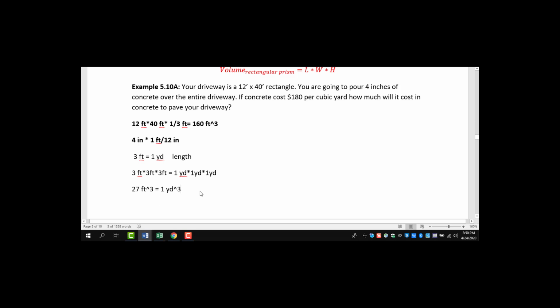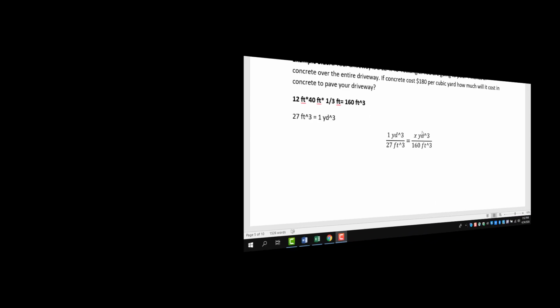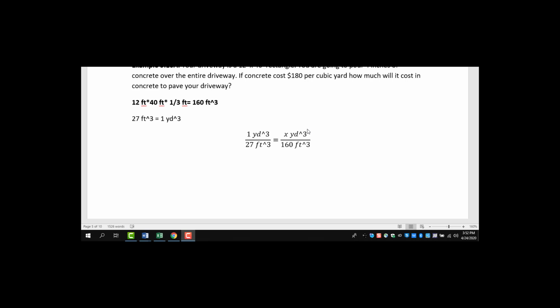So now I can do this several ways, right? Maybe the easiest way is just to set up a proportion, because these are equal. So think about how you would set up a proportion, hit pause, and I'll put down the proportion. So there's what I have. There's my proportion. There's an equivalency that I found out.